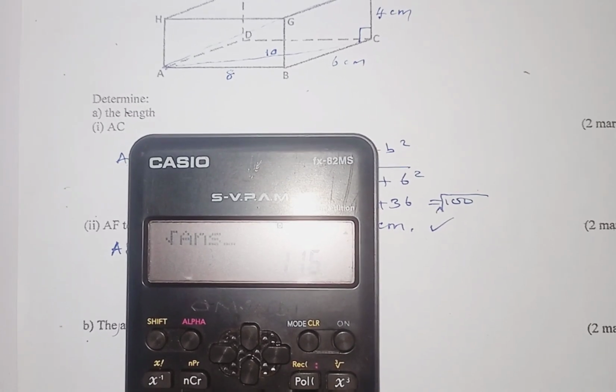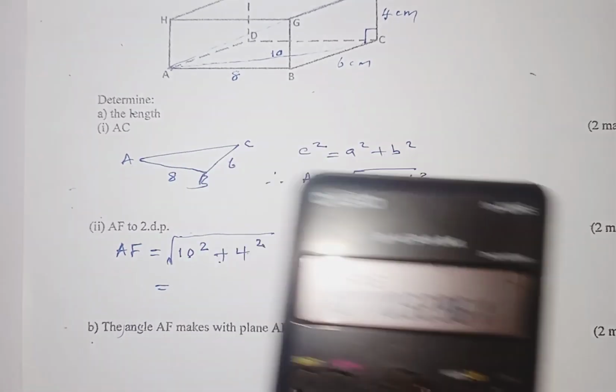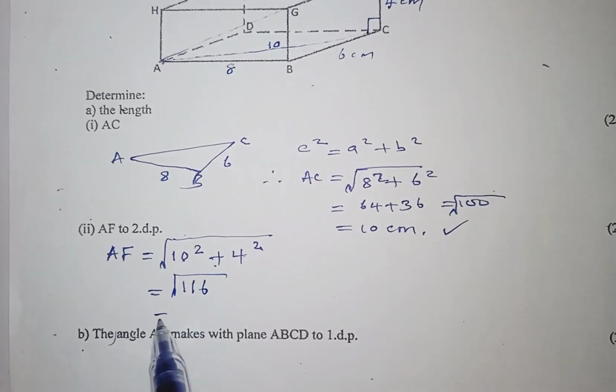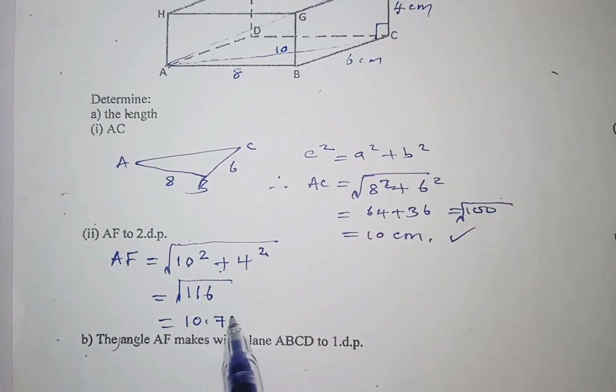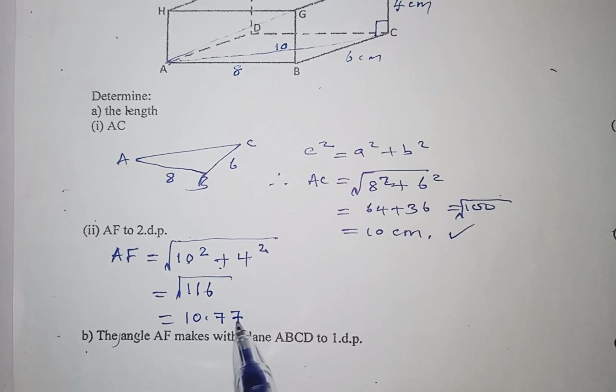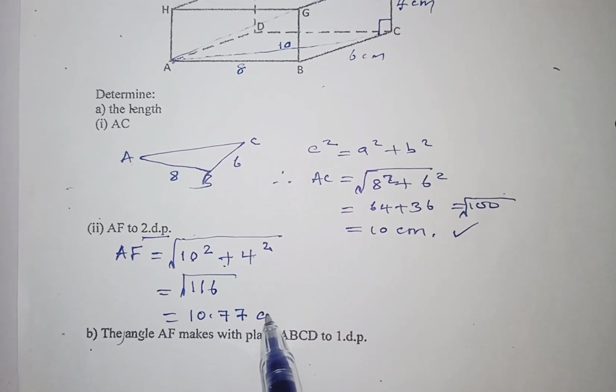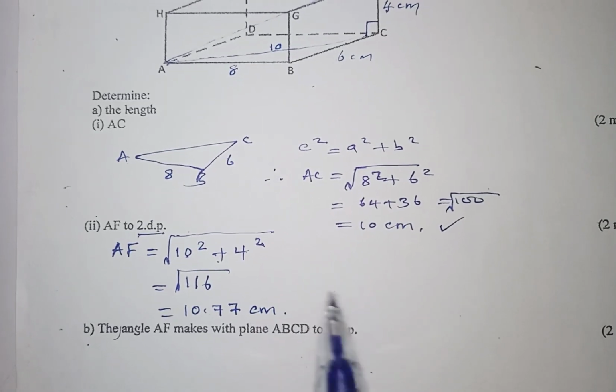So the square root of 116 is 10.77 centimeters to 2 decimal places, as the examiner required us to give the answer.